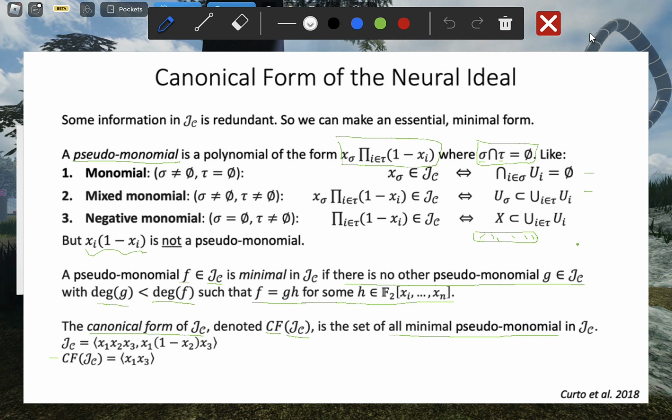What this means is that if x1 and x2, those neurons, are active, then x3 and x4 can't be active at the same time, right? Sorry, I said it the opposite way: the intersection of 1 and 2 has to happen at the same time as x3 or x4, right?